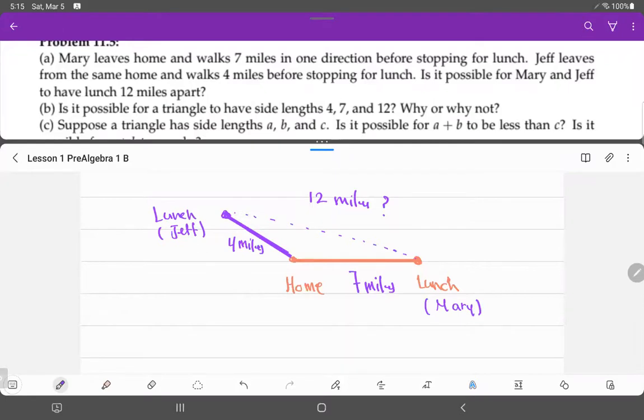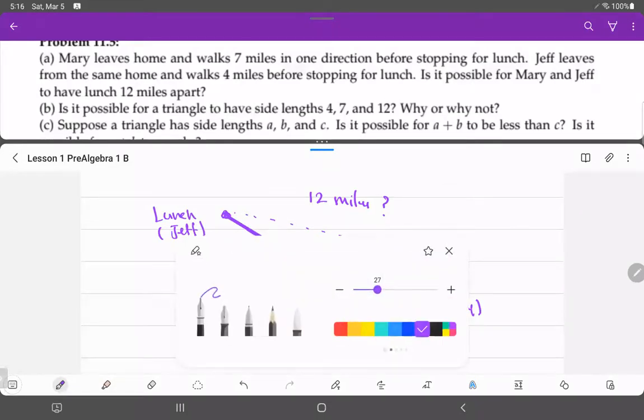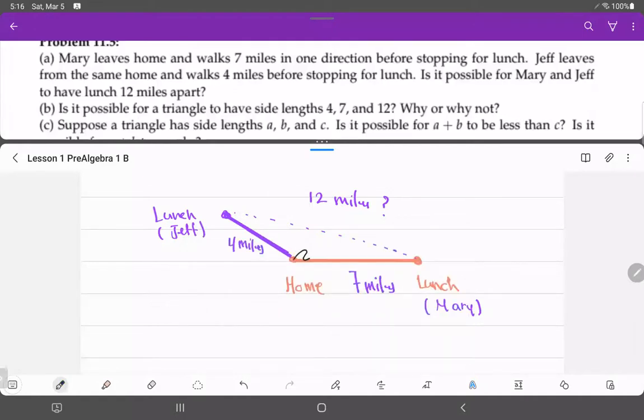Yeah, as Sarah said, thank you, Sarah. At least someone talked to me today. So this is the farthest it can be. It is just 11, because the farthest they can be is Jeff going to the opposite side. If he went to this side, this direction, sorry, this is 4 miles.